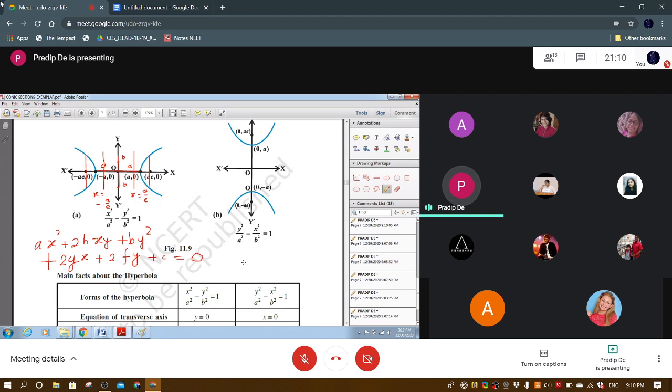So how do you determine what is the type? That is identification of conic under general equation of second degree. This equation is known as the general equation of second degree. So that is left. A little bit. Just few formulas. That's all.